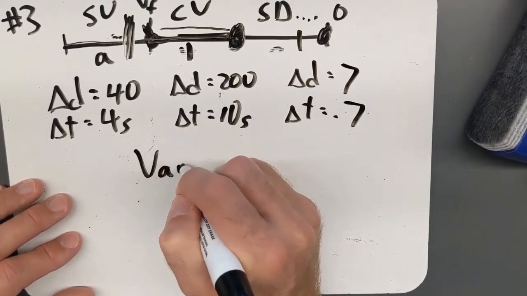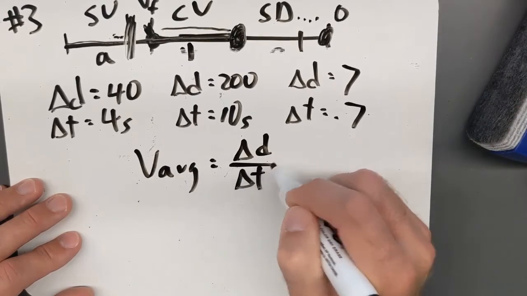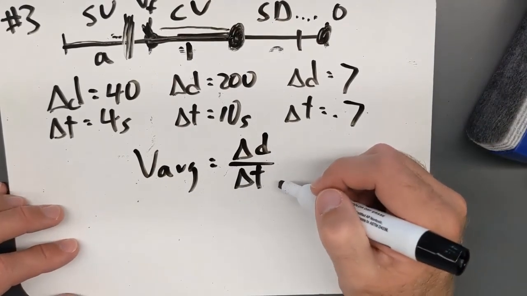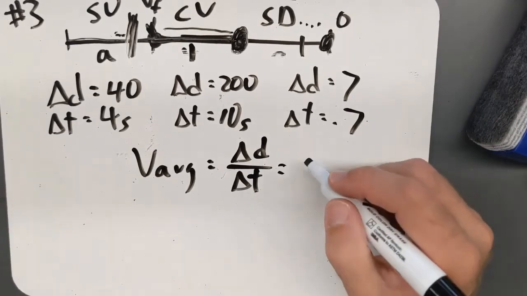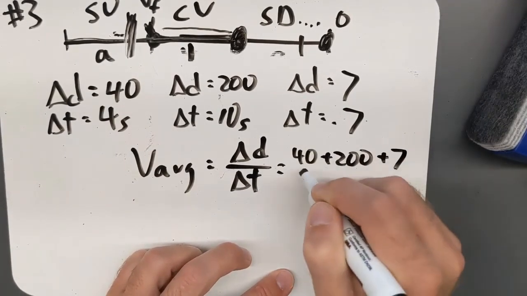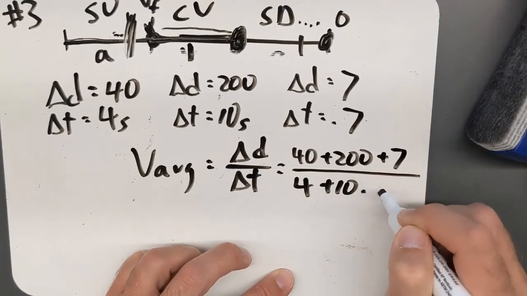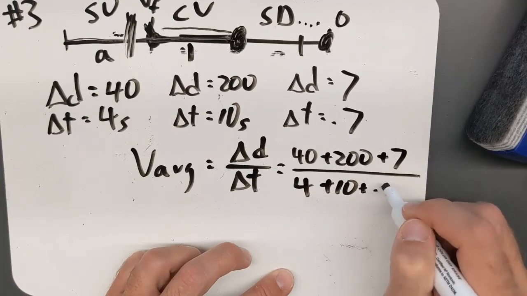So my average velocity, for the entire trip, is the displacement of the entire trip divided by time in the entire trip. So I'm going to add all those up. It'd be 40 plus 200 plus 7 all over 4 plus 10 plus 0.7.